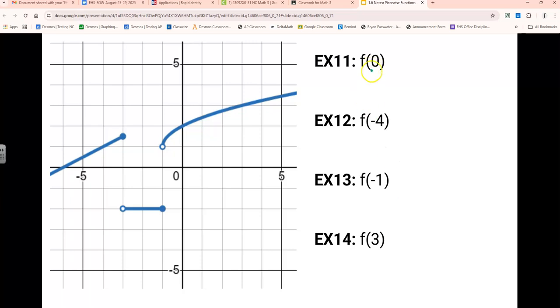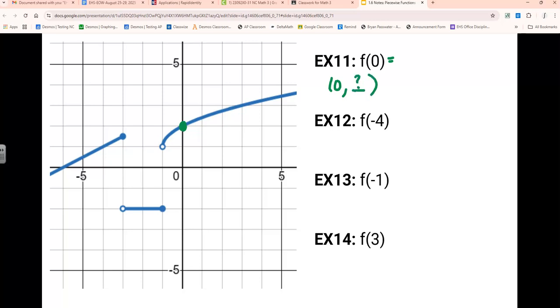Sophie, what about f of 0 for number 11? So we're looking where our x-coordinate is 0. We're going to go up or down until we hit the graph. Oh, right there it is. So our x coordinate is 0.